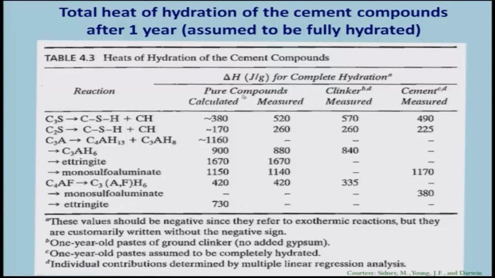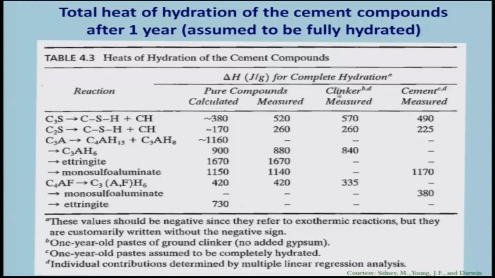Likewise, even in the measured case we have similar trends, but remember that the calculated and measured may not necessarily be the same. But the trends that you get, for example, the heat values of the hydrated compounds of C3A, say 900, 1670 and 1150, are generally much higher than others, and that trend is also reflected in measured values.